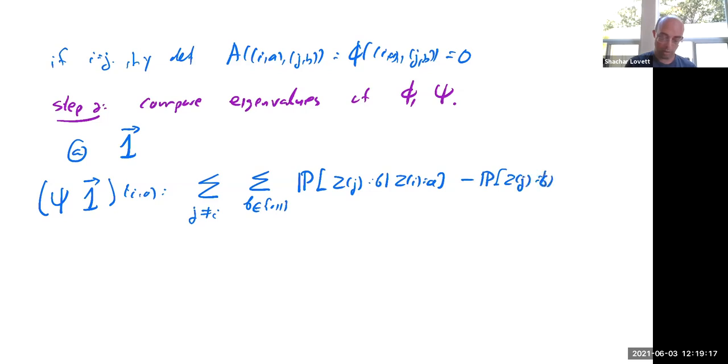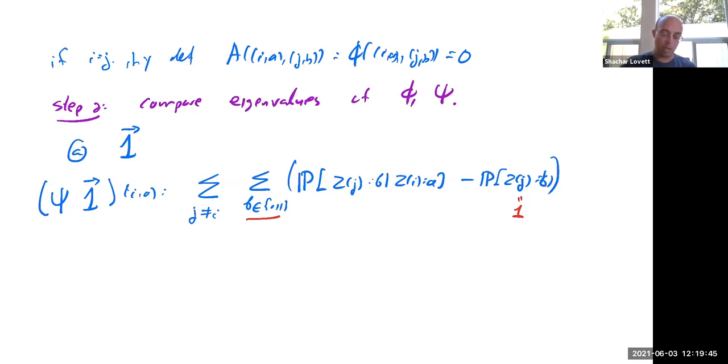This is how we define psi. And it's defined this way if i is different from j; if i equals j it is 0, which is why I'm only summing over j different from i. Now, what's the whole point here? The whole point is I'm summing over b being either 0 or 1. So what is the sum over the probability of Zj being b? If b is 0, 1, I cover all options. So this sum is going to be 1 for every j.